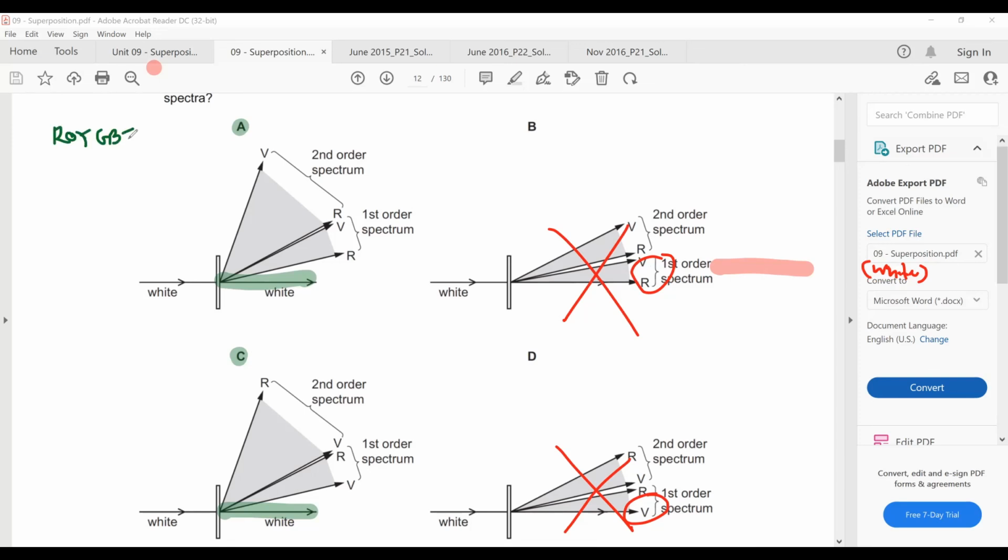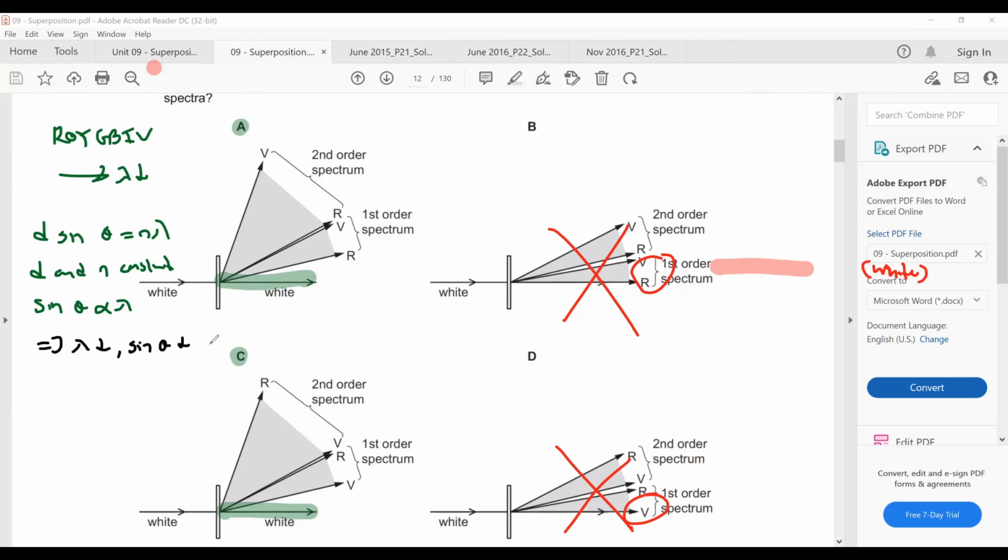Roy G Biv, so I'm reproducing the same thing here. Lambda decreases, d sine theta equals n lambda, with d and n constant, would mean sine theta is proportional to wavelength. Same thing as what I just wrote. Lambda small, sine theta small, angle small. Lambda big, sine theta big, theta big.